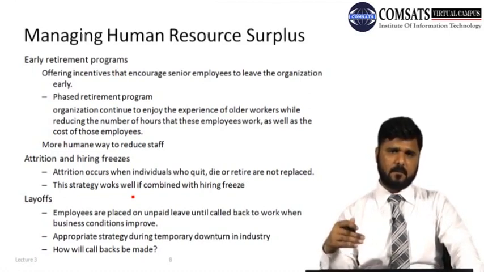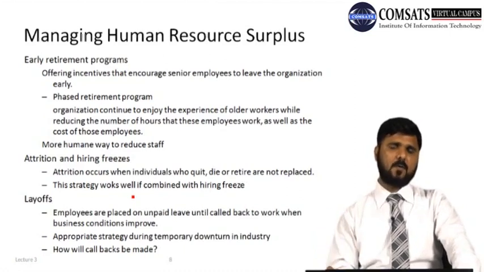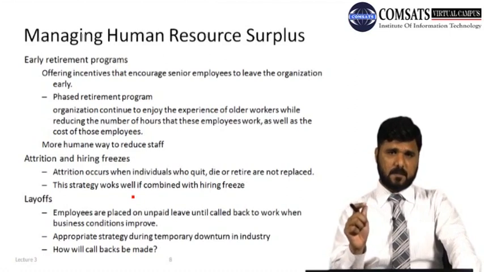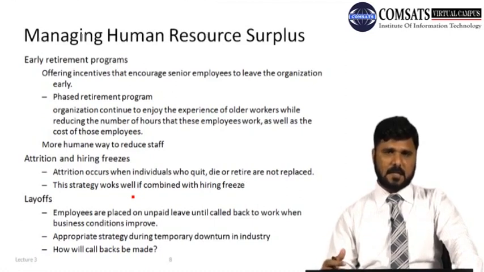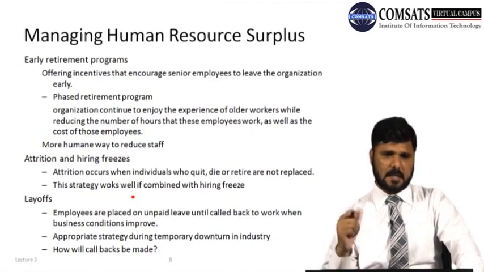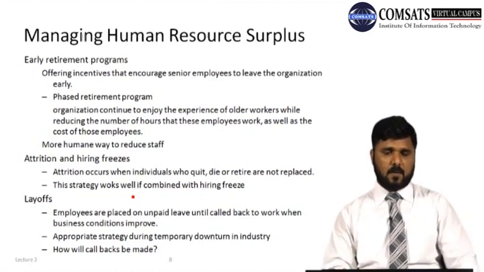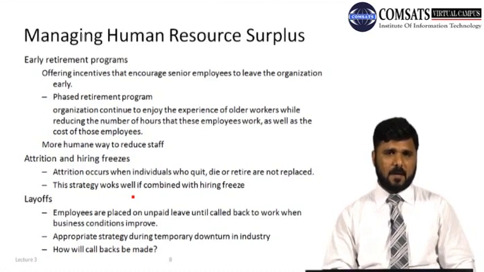Those who are in their 50s or late 50s are given the option that if you opt for retirement that is still premature, you may be compensated with some extra benefits. For example, if you leave 2 years early, you will get 4 years of salary.